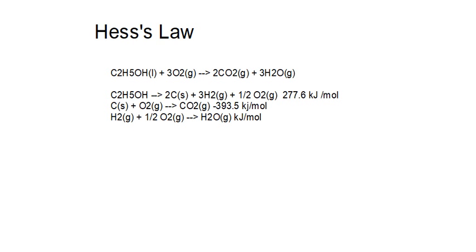Okay, so the first method of doing this is by balancing these three reactions so that they form the net reaction. Let's see, we have 3 oxygen on the reactant side.